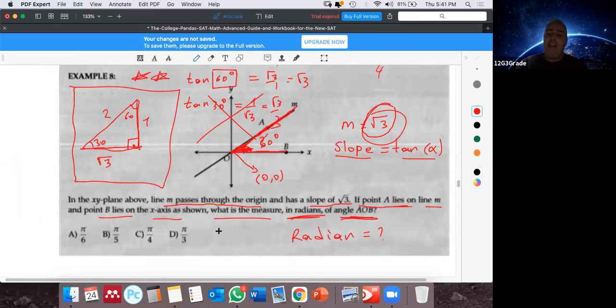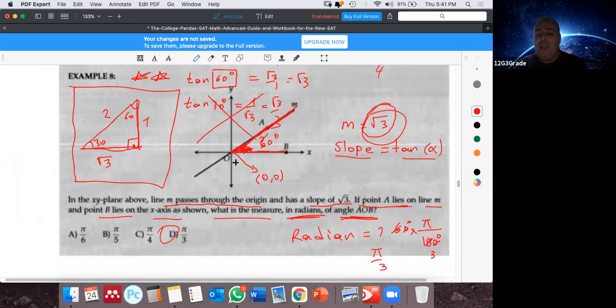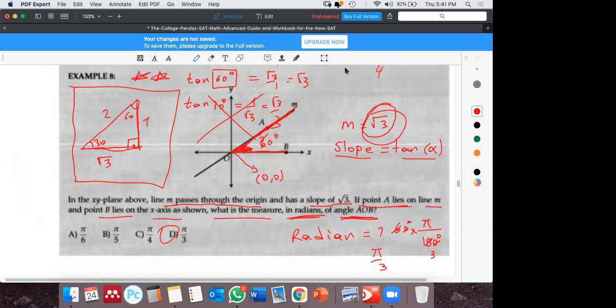But what I need is radians, so I multiply 60 by pi over 180. Then it becomes pi over 3. That's it, finished. I can explain this question in different ways, but this is the best one if you understood. So simple and quick.